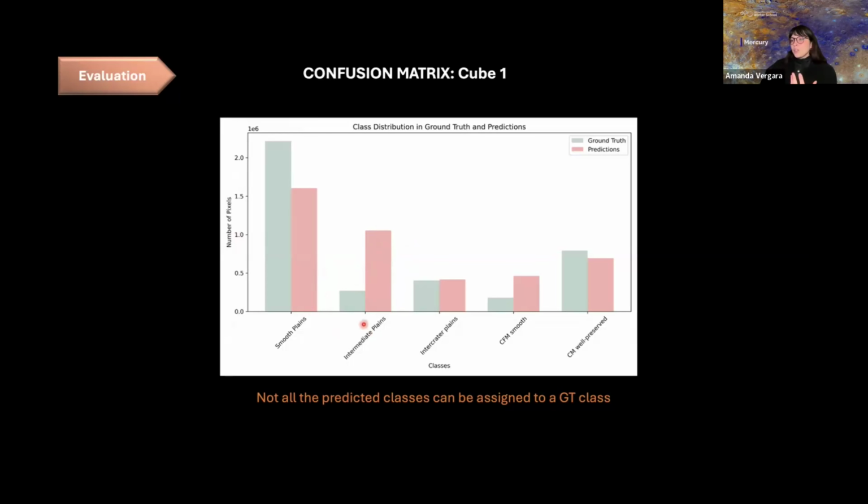And this is all to say that, first of all, not all the predicted classes, so not all the clusters that I obtain from my model, could be associated to one class of our ground truth. And this is because the maps that we are obtaining contain both the morphological and the spectral information. So they are much more informed than the geological map.